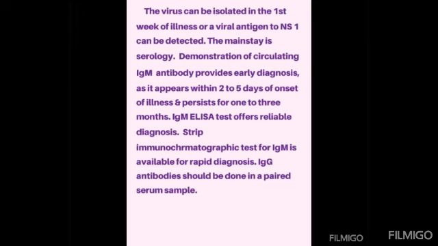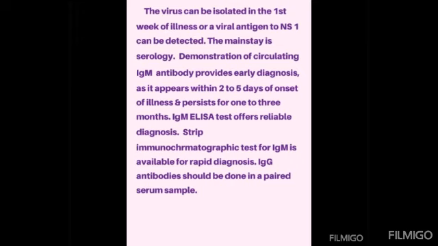The virus can be isolated in the first week of illness, or a viral antigen, NS1, can be detected. But the mainstay is serology. The demonstration of circulating IgM antibody provides early diagnosis, as it appears within 2 to 5 days of onset of illness and persists for 1 to 3 months.